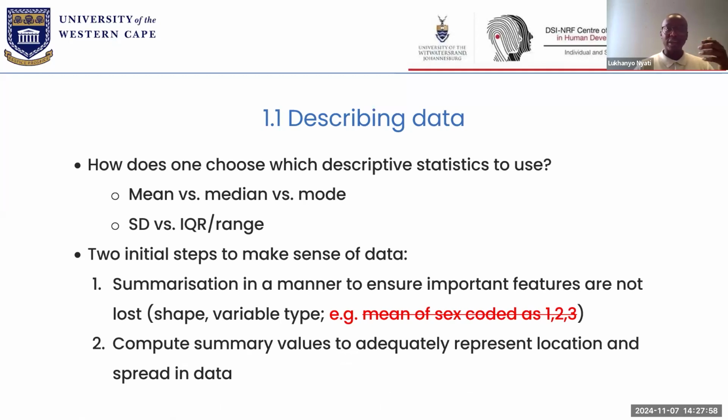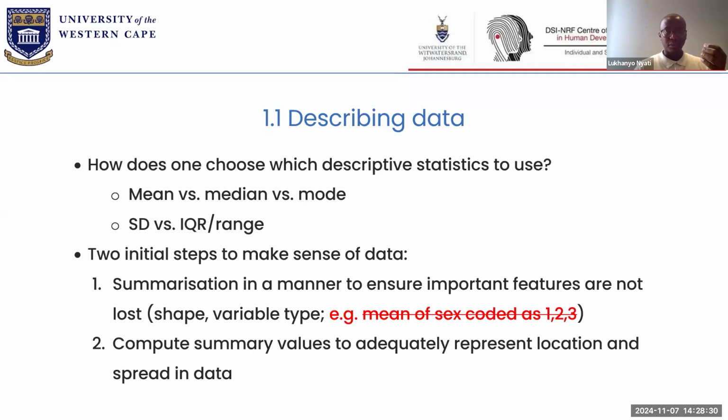And your data need to be summarized in a manner that ensures that important features of the data are not lost. And we've spoken about the shape of the data as we're talking about the distribution, but also you need to consider the variable types. I mentioned yesterday, if you've got a categorical variable which has been coded using numbers, such as 1, 2, 3, for example, you cannot then summarize them with a mean or a median.